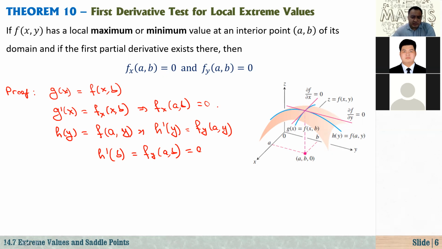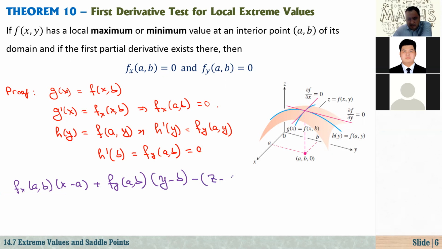So now using these values, we can write the equation of the tangent plane at the given point (a, b). What is the equation of the tangent plane? It is fx(a, b) times (x minus a), plus fy(a, b) times (y minus b), minus (z minus f(a, b)), and that is equal to 0.